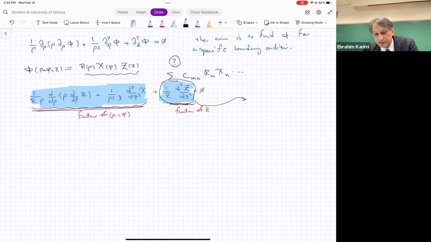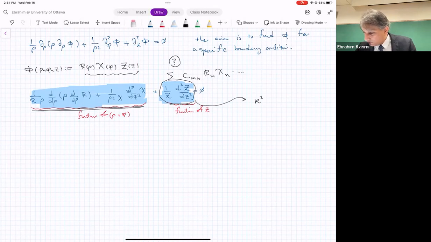So for simplicity, I will consider that it is kappa square, okay? All right? It can be negative, but for the time being, I'm assuming that it's positive. We will discuss the negative one as well.